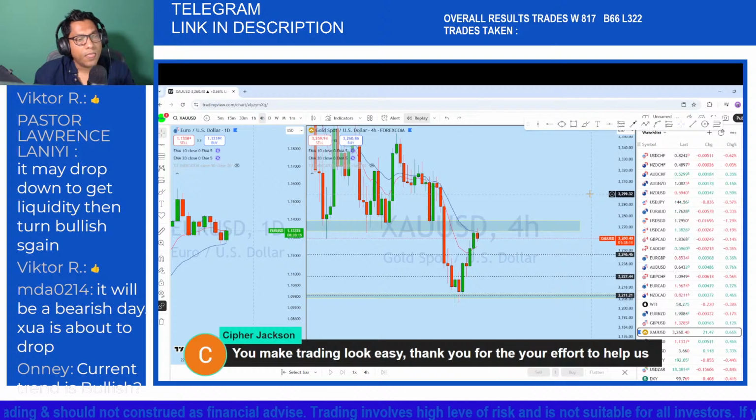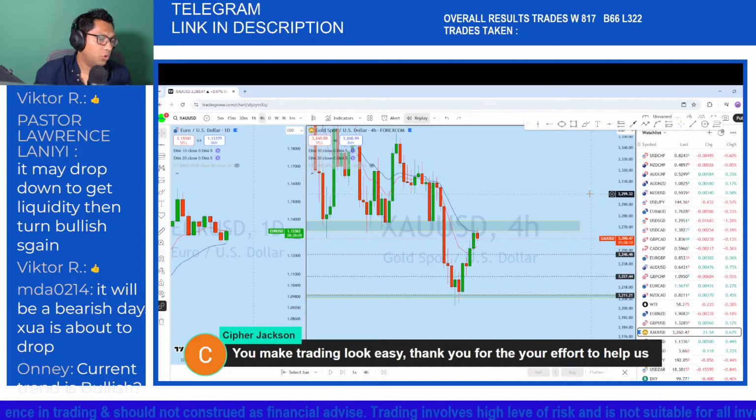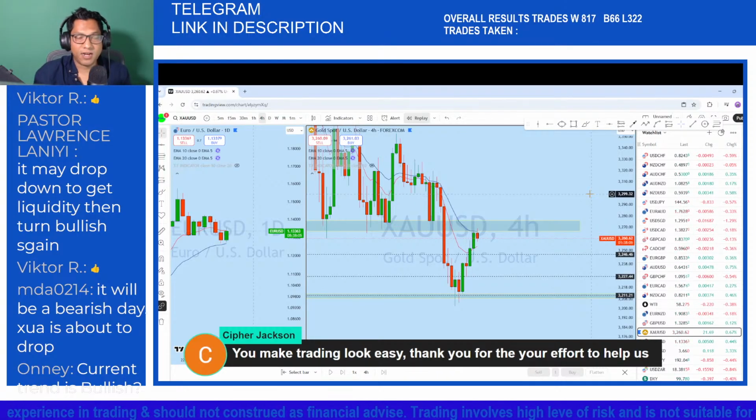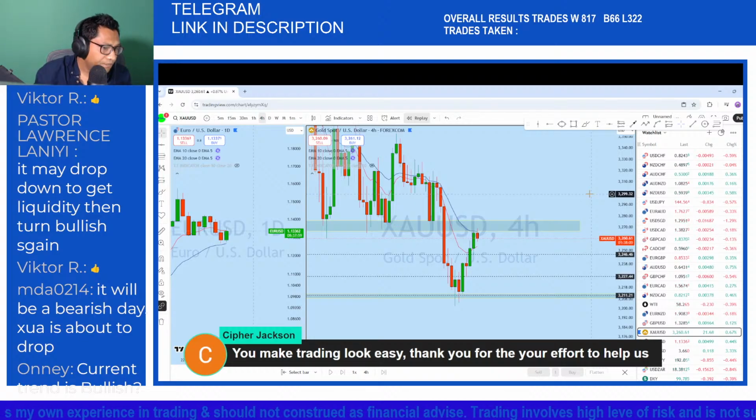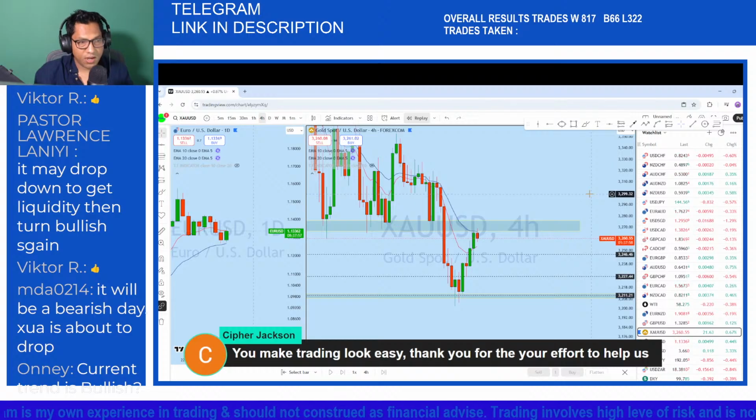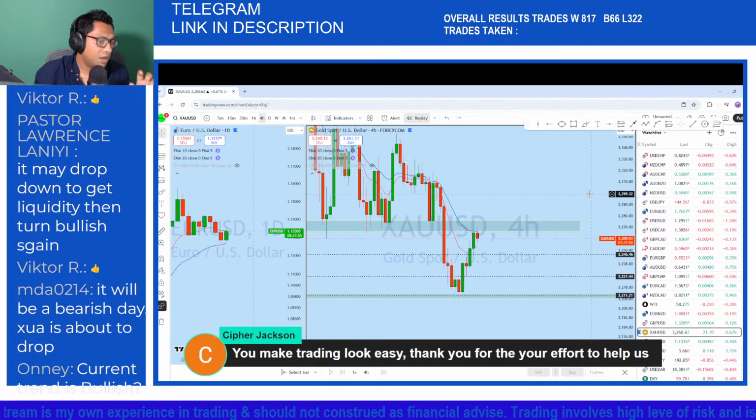Because there are two things a trader needs to be sure of before entering a trade. One is the direction, because the market will either move up, down, or sideways, so you either need to buy or sell. The other important aspect is entry.